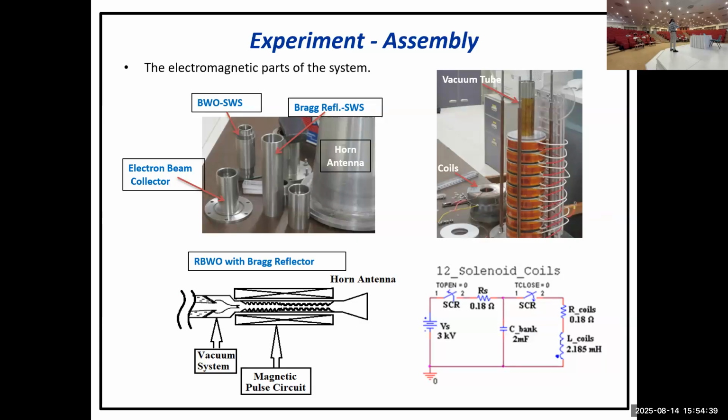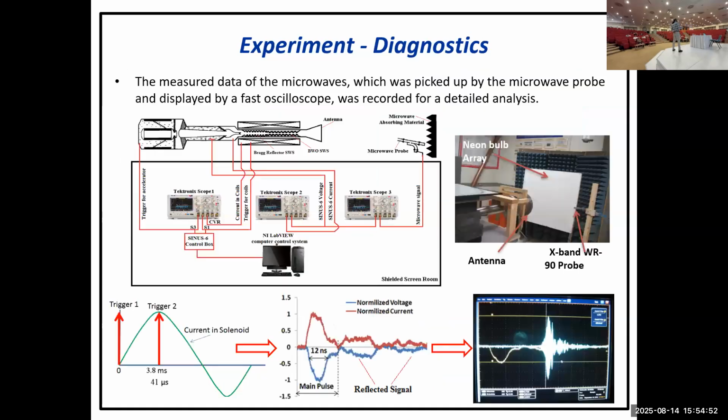And the coils are what you see here. All the coils are going to have internal resistance, of course, because they are wire wound around the vacuum tube. This is with the first trigger. Now you trigger your magnetic pulse discharge, and you have to wait 3.8 milliseconds.